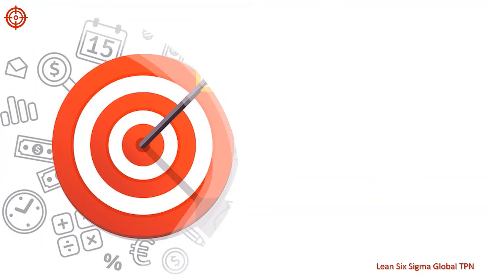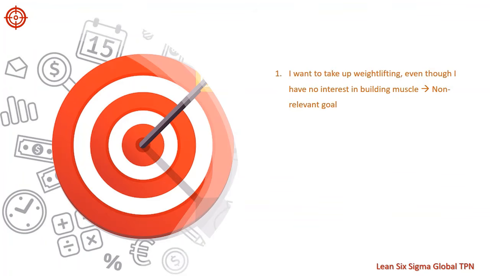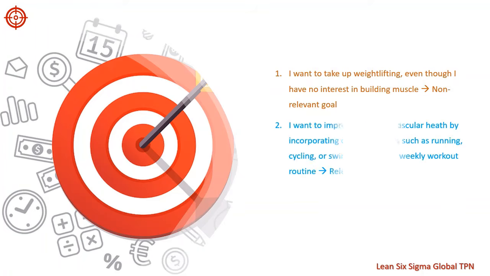In this example, the non-relevant goal of taking up weightlifting does not align with the person's interests, values, or long-term objectives, and therefore it is not a relevant goal. On the other hand, the relevant goal of improving cardiovascular health through cardio exercises aligns with the person's desire to improve their fitness level and lead a healthier lifestyle.